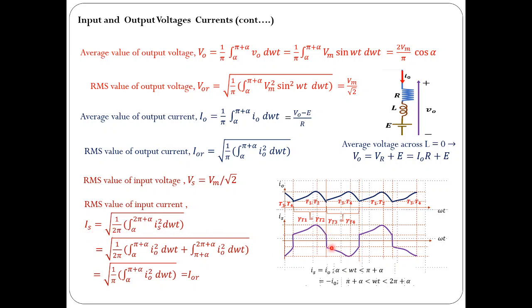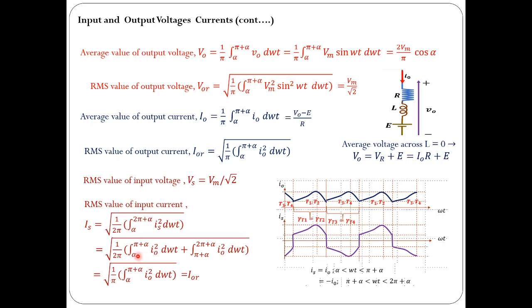The frequency of this is the same as the supply frequency, so you have to integrate for one entire cycle, which completes within 2 pi radians. So alpha to 2 pi plus alpha you have to integrate. Please do that. We know that for alpha to pi plus alpha it is I naught, and from pi plus alpha to 2 pi plus alpha it is minus I naught, but the square of minus I naught is the same as I naught square. If you simplify further, both values are equal.